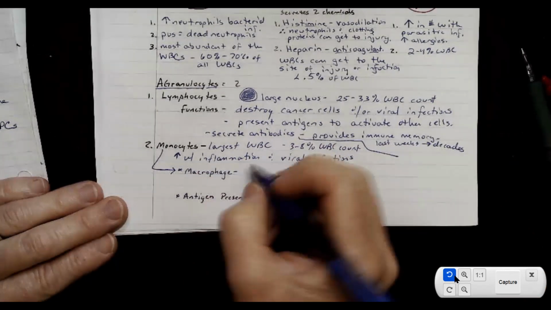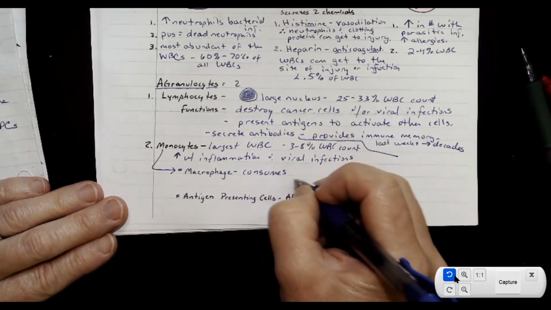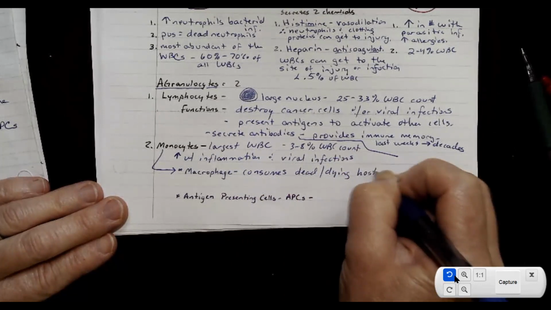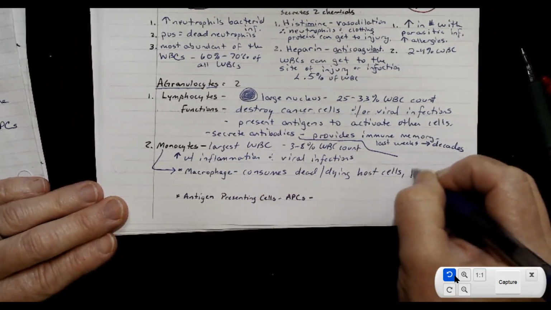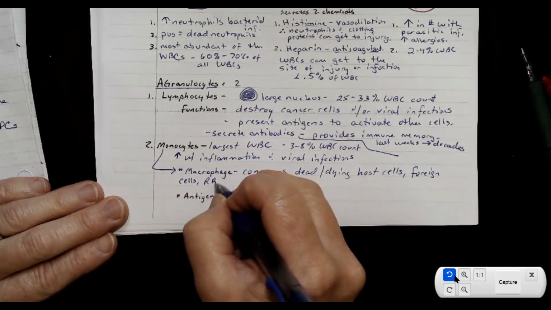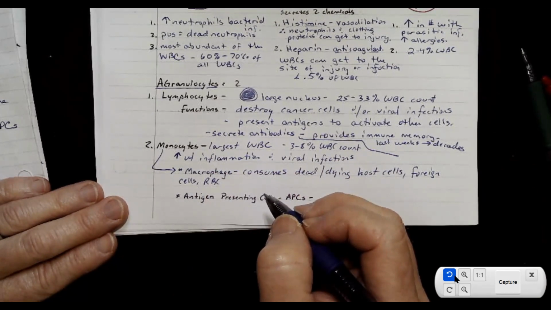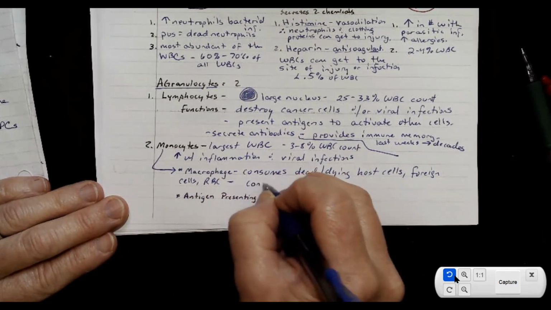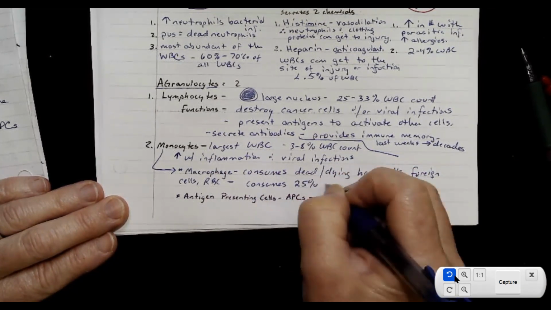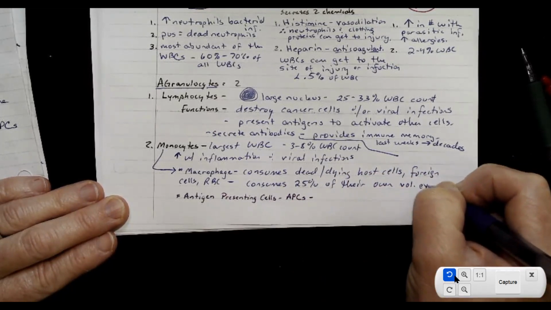A macrophage is a type of monocyte that consumes dead, dying host cells, foreign cells, red blood cells that have died, chews them up, and it consumes 25% of its own volume every hour.